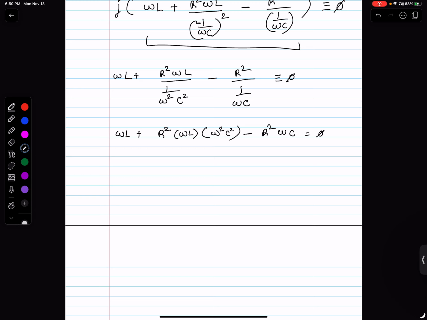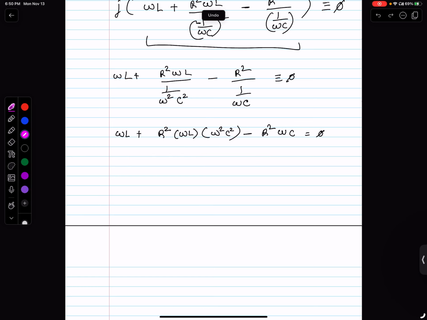Now you see, think about this. If you think of this C as your variable, then you have ax squared plus bx, which includes the negative sign, plus c. So this really is a quadratic in C. We are getting somewhere here.